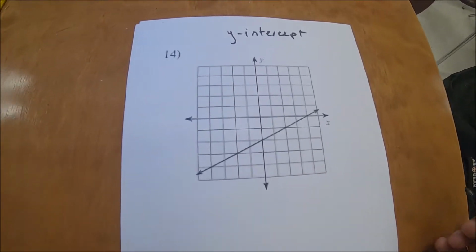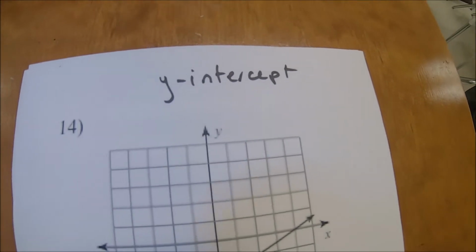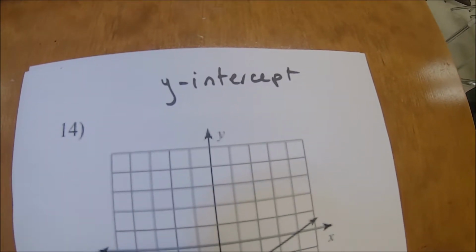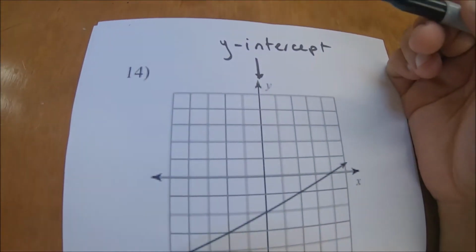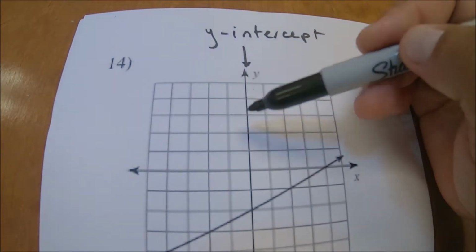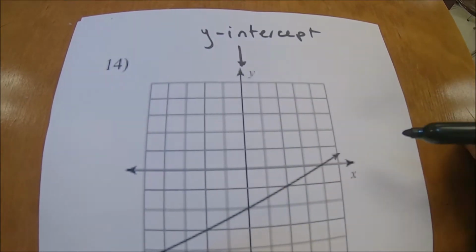Next we're going to learn how to figure out what the y-intercept of my graph is. Also very simple. What you want to do here is look at your y-axis. That's my vertical axis. Everybody should know that my y runs up and down, my x runs left to right, so I've got vertical and horizontal.